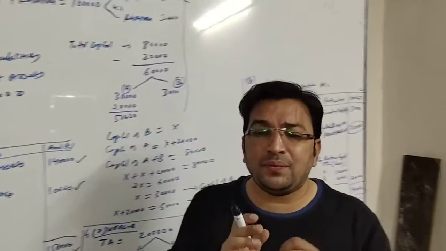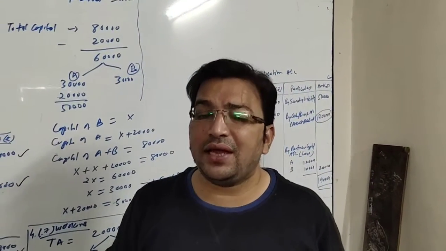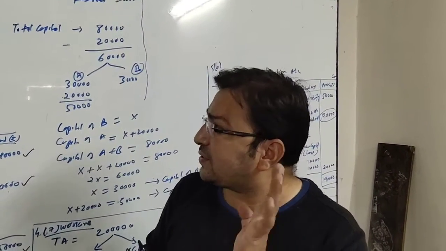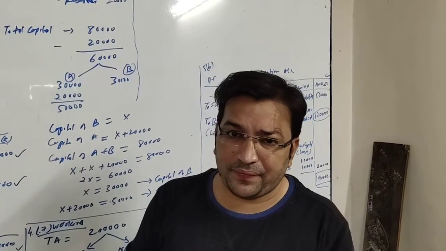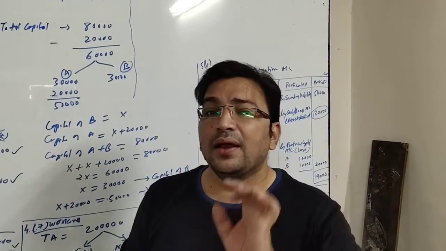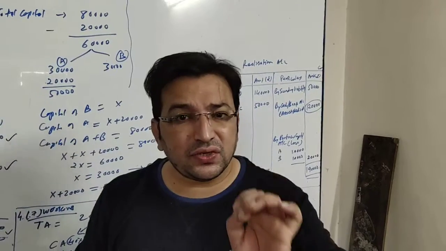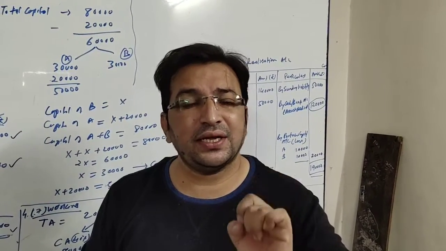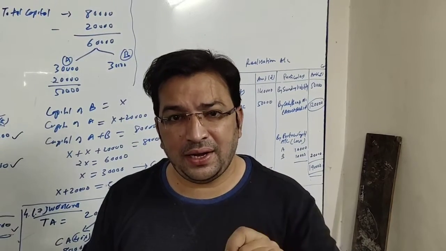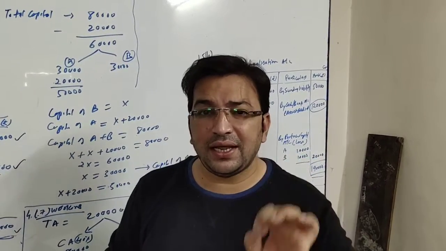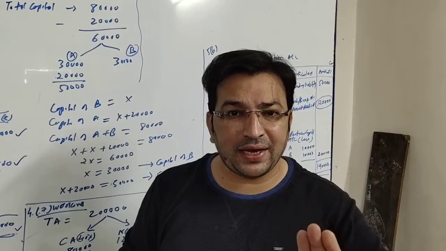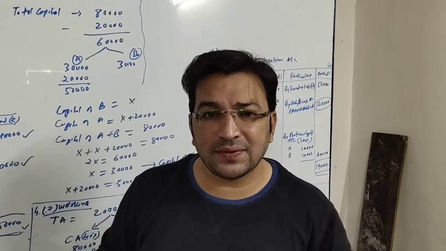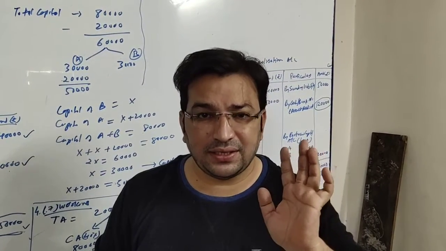Now friends, one more piece of information is given to us: net asset of the firm is rupees 1 lakh. Net asset means the total of capital and reserves. Generally on the liability side we find three items: capital, reserves and liabilities.